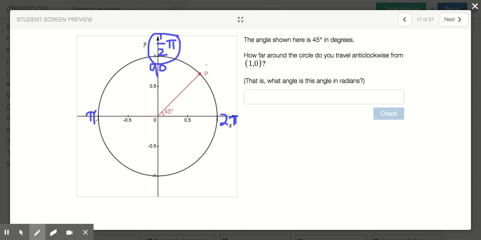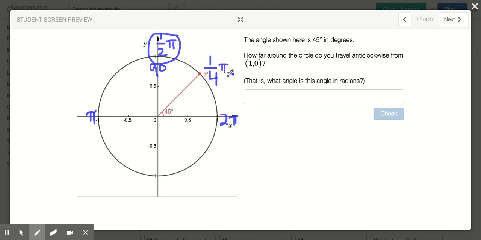And if you're confused about this, think of a half as 50 cents. Think of pi here as $1. Think of 2 pi as $2. So if you have 50 cents and you cut that in half, how many cents do you have? 25 cents. You have a quarter. So what we're going to say here is that this is going to be 1/4 pi.